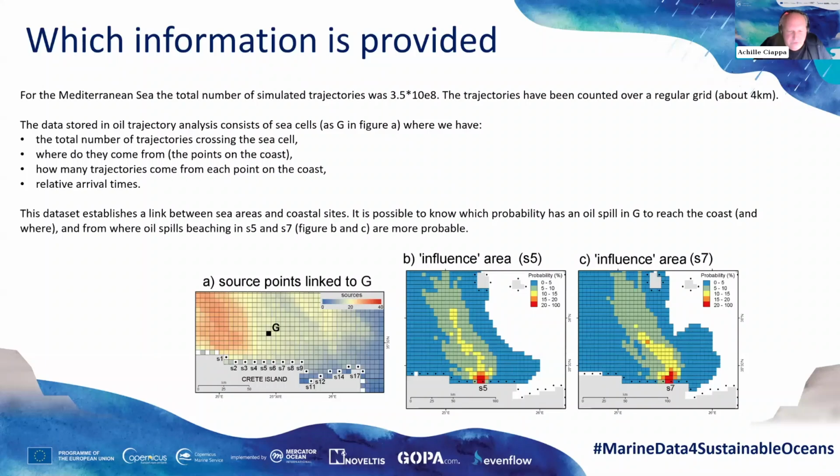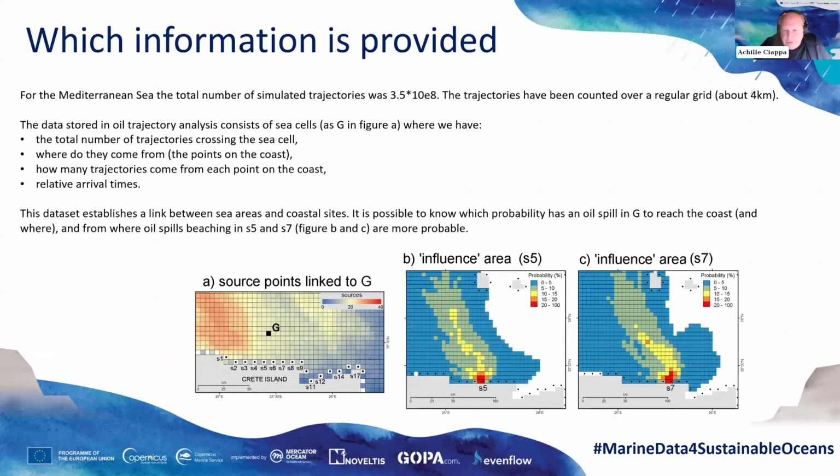So the information provided is that in any point of the sea, such as point G in figure A, we have the total number of trajectories crossing the sea cell. Where do they come from? From the points on the coast. How many trajectories come from each point on the coast, and the relative arrival times.